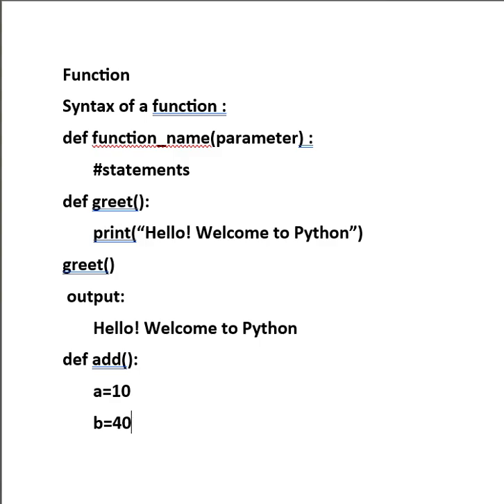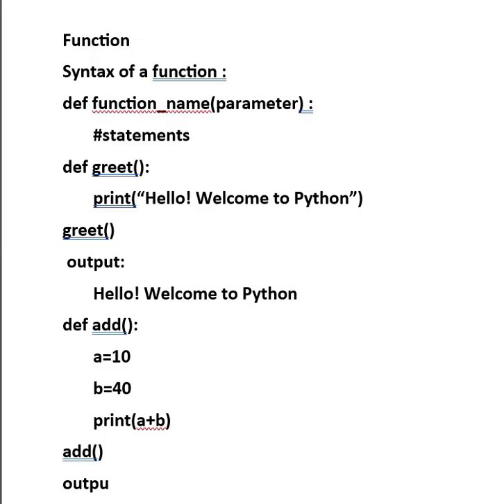I need to print it, so with proper indentation, I'm going to print a plus b. At last, we need to call the function. What will be the output? a plus b, 10 plus 40, 50. This is the output.